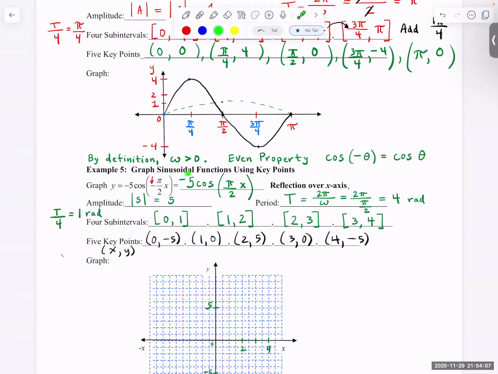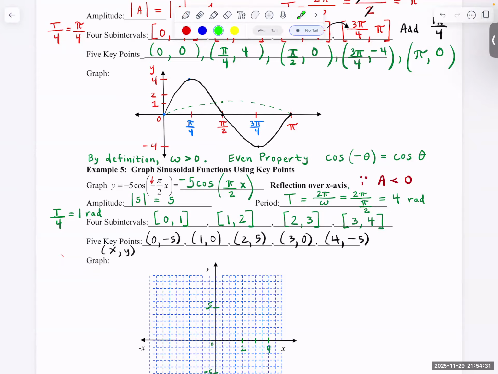So the negative 5, which is capital A, since A is negative, this will cause reflection over the x-axis. The amplitude is the absolute value of A, the absolute value of -5, equals positive 5.